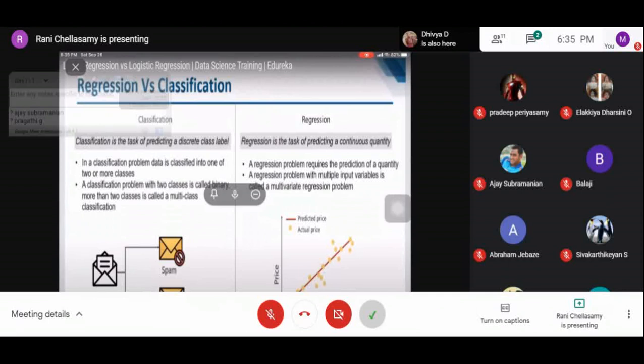So the price of stock, the dependent variable, is a continuous quantity. Here the time is called the independent variable. An independent variable can be discrete or continuous.